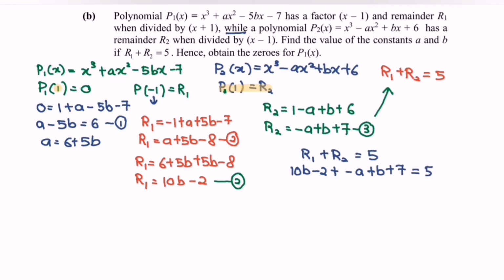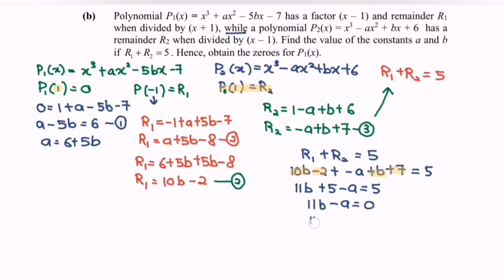So what we will have will be 10b + b, we will have 11b. Negative 2 plus 7, we will have 5. Minus a equals 5. So 11b - a = 0.